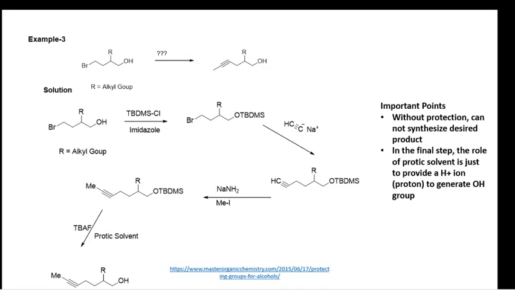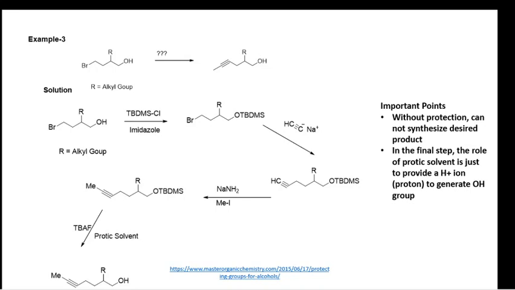In the first step, we have protected our hydroxyl group in order to stop this hydroxyl group from taking part in the chemical reaction. Why is there a need to protect this hydroxyl group? We will discuss it in the later part of the video. Let's proceed towards protection.